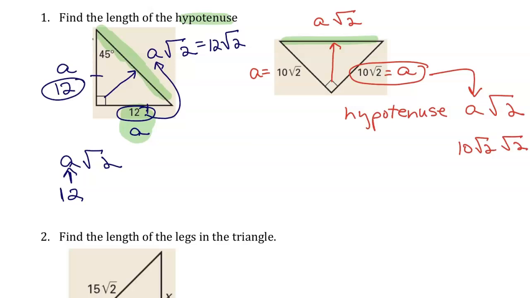And what do I have? I have root 2 times root 2, which is 20. So that hypotenuse is going to equal 20, because that's what I just discovered. Okay, that hypotenuse is 20, and that's the answer they wanted. So our first one was 12 root 2, and this one is 20.